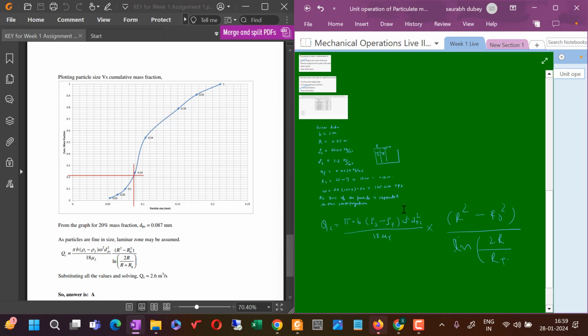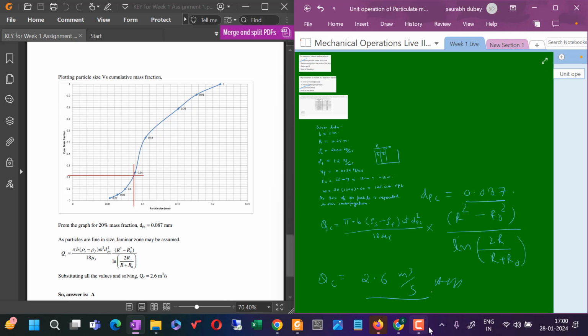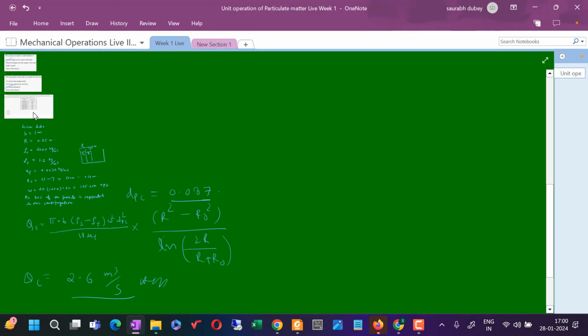Ready with this? Now substitute all the values, along with the dpc value of 0.087 you got from the graph. You get Qc equals 2.6 meter cube per second. That will be the answer for the question.